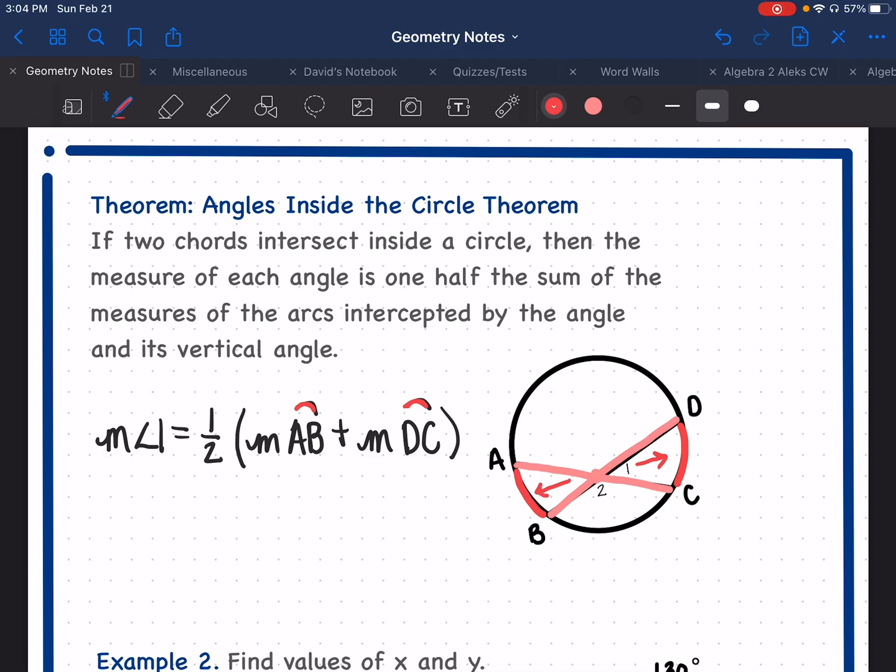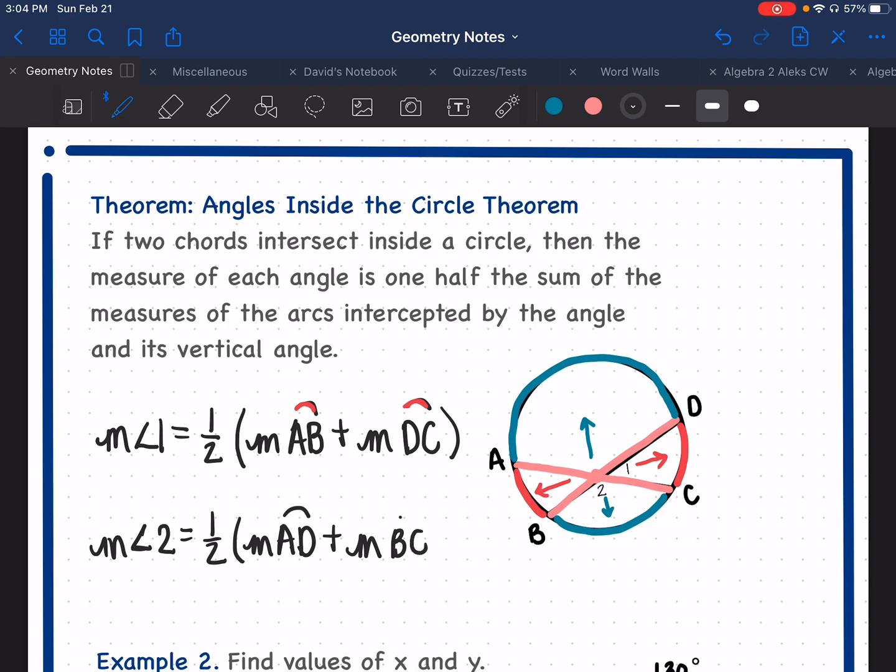Now for angle 2, let me change my color. Angle 2 is going to come down here and go up here, so it's going to be this arc and that arc. The measure of angle 2 is half the measure of arc AD plus the measure of arc BC.